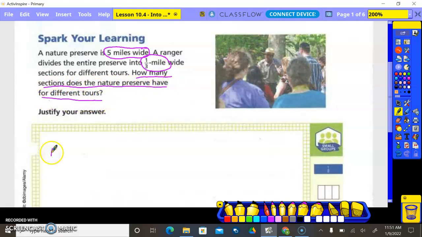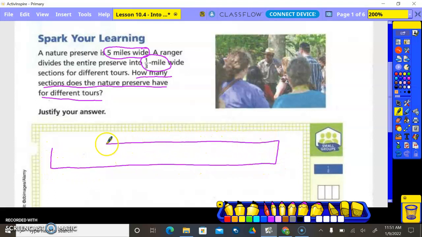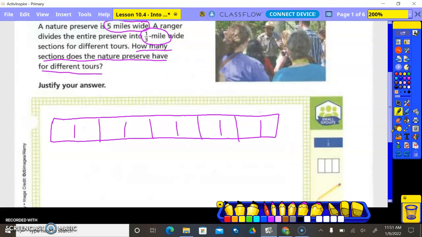So we would have a big fraction bar like this, and it'll be 1, 2, 3, 4. Try to get 5 congruent sized shapes, which try your best. 1 whole will be put in each of those. And then they said each of those is broken into 1/3 pieces.